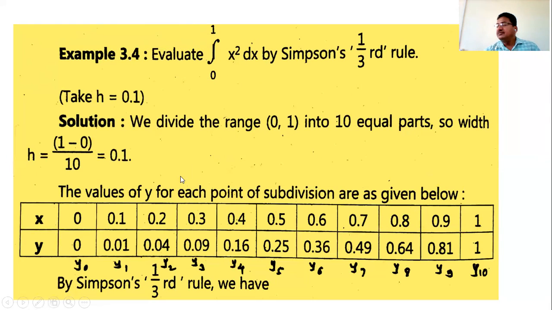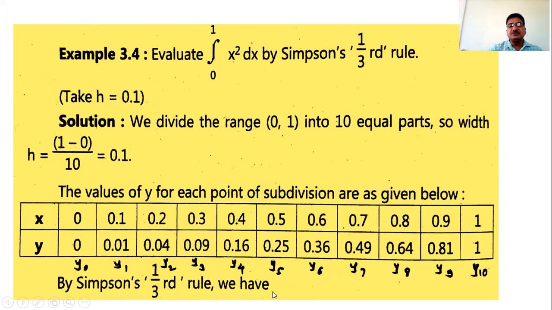So if h is given, there is no need to write this statement; directly prepare the table. And if the table is given, and the function fx, which is x square, is not given, then there is no need to write this first statement, nor to prepare the table.